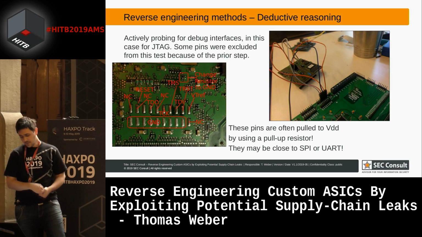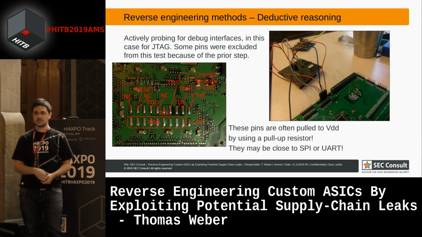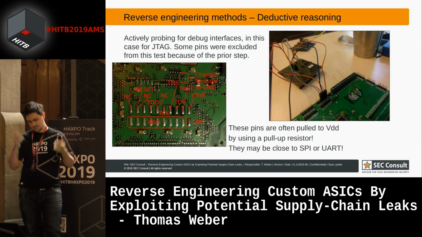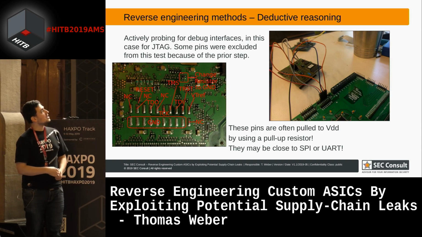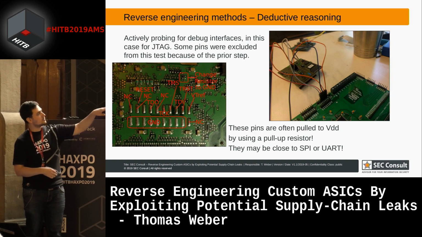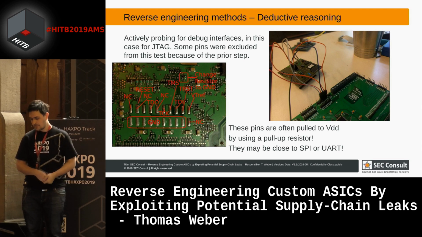And the header you saw before looked like a JTAG program interface, a program and debug interface. And in the lab in Vienna, we have a custom solution for brute forcing JTAG interfaces, but you can also do it with JTAG Emulator, Arduino, JTAGenum, and yeah, there are many tools.